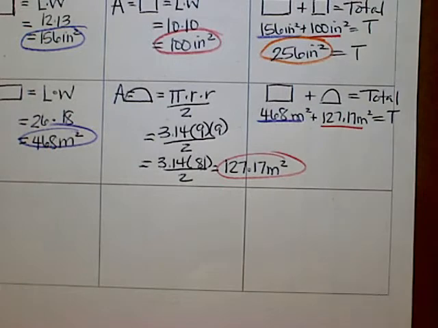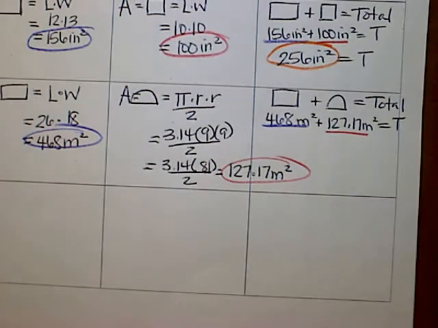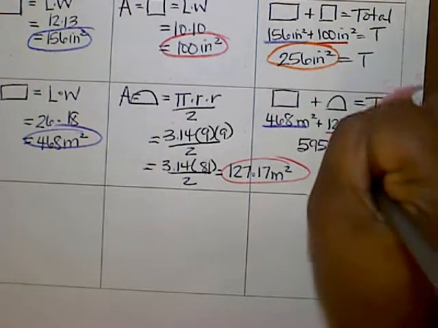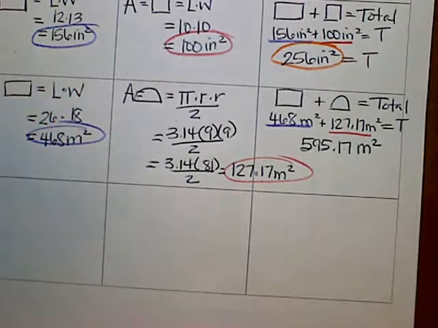So we're going to add those together, and that is 595.17 meters squared.